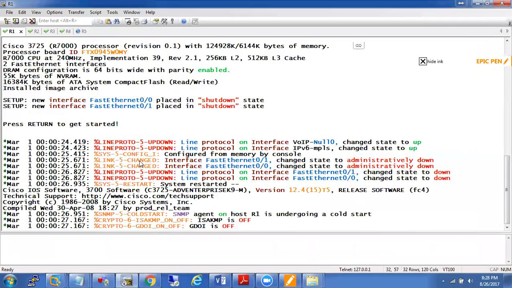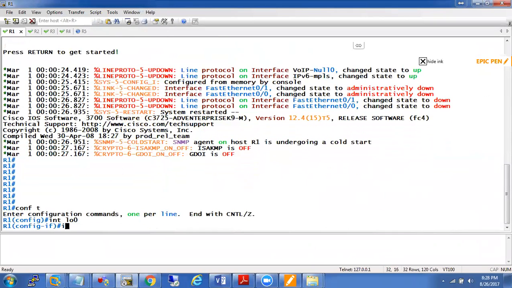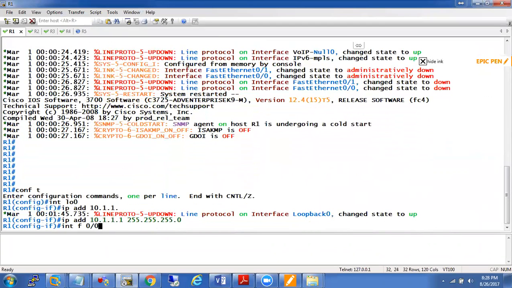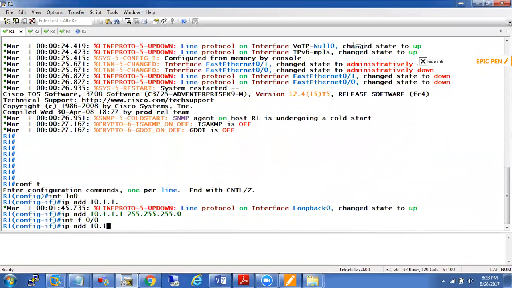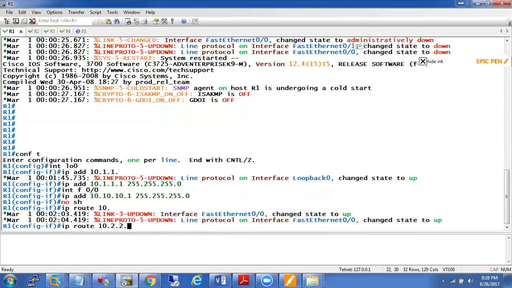So let's start with R1. Loopback 0 we said was 10.1.1.1. F0/0 10.10.10.1. IP route 10.2.2.0 through 10.10.10.2.